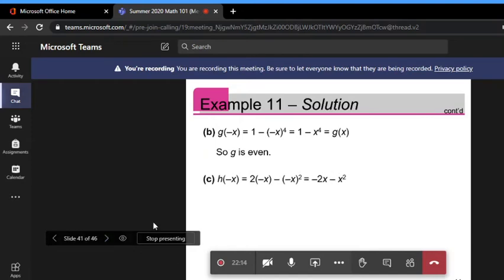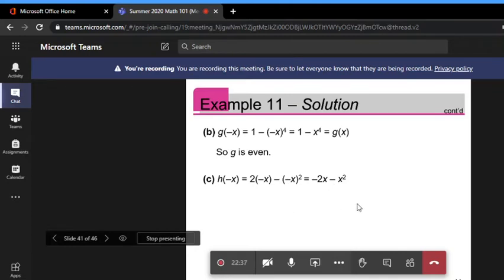Okay, so whenever we see x, we are going to substitute that with negative x. So 2 times negative x minus negative x to the second power is going to be negative 2x minus the square of this, which is positive x squared: negative 2x minus x squared.